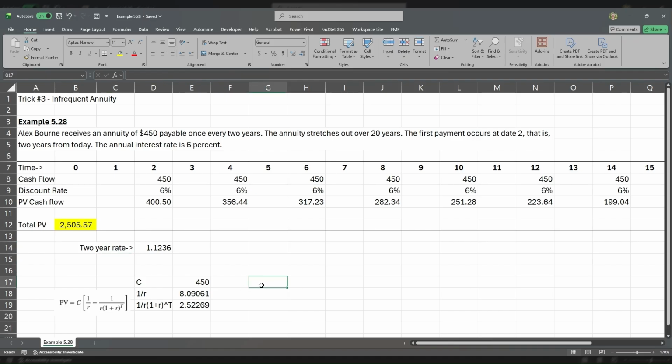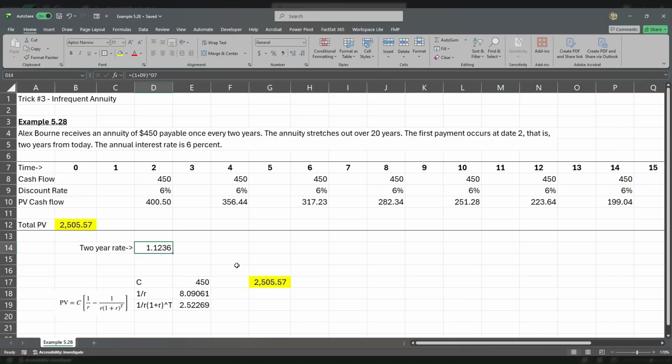So now what I have is my cash flow, and I'm going to multiply that by this, subtract this, and hopefully I get the same answer, and I see that I do.